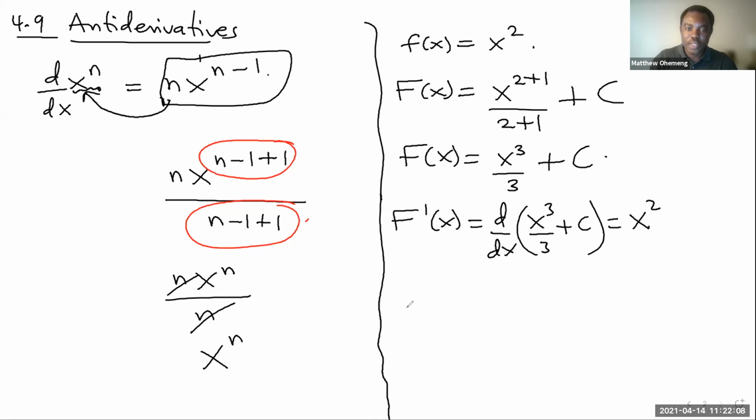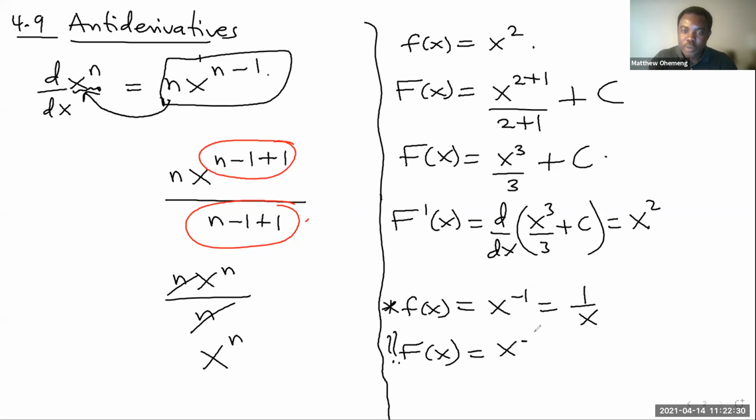Now, let me ask you this. What about something like, suppose we have small f equal to, say, x to the negative 1, which is the same as 1 over x? Now, for this one, is the antiderivative also like a power function, add 1, divide by the result? Well, let's try it and see. This is not the right thing, but let's try it. Since it's related to power, why don't I add 1, divide by the result, and let me bring my arbitrary constant.